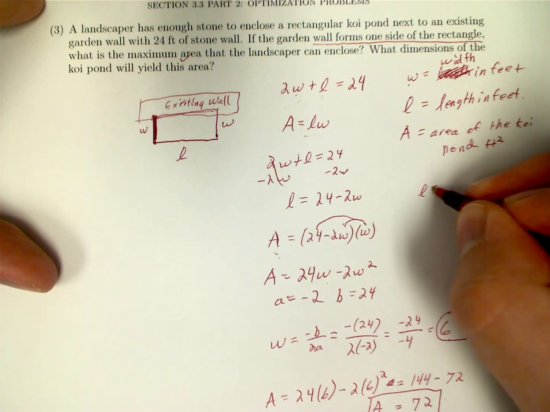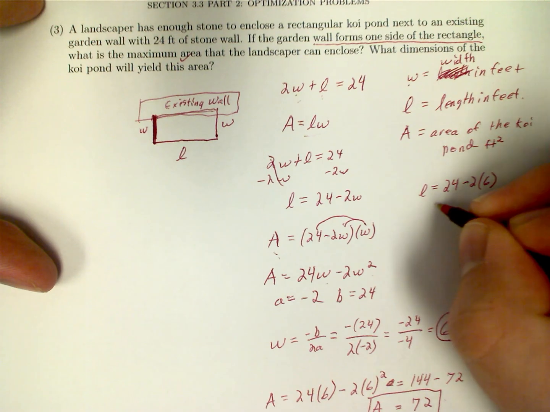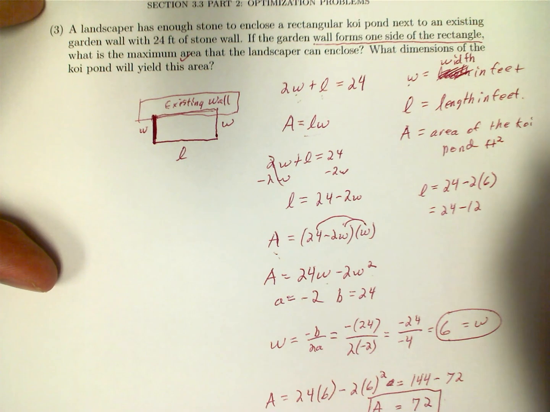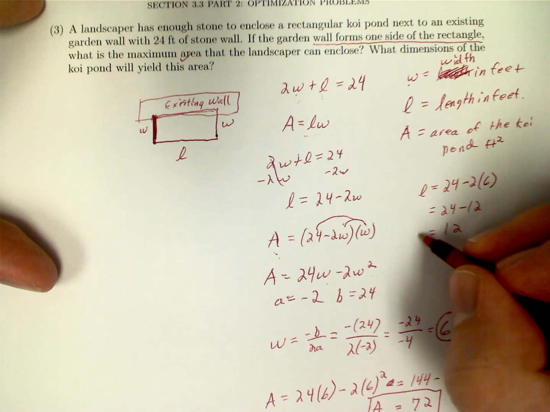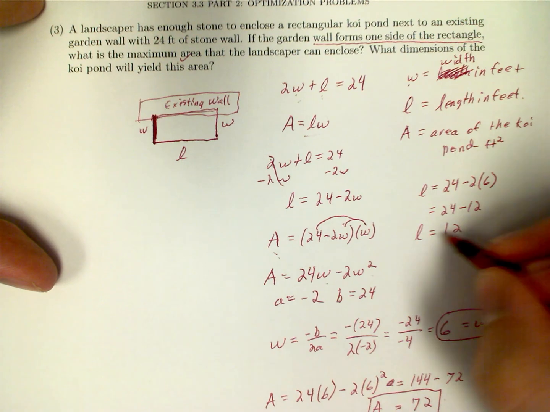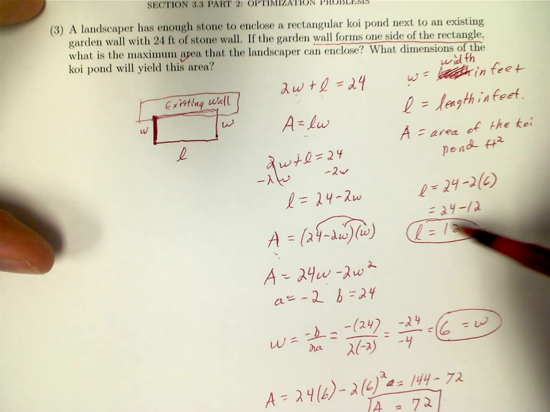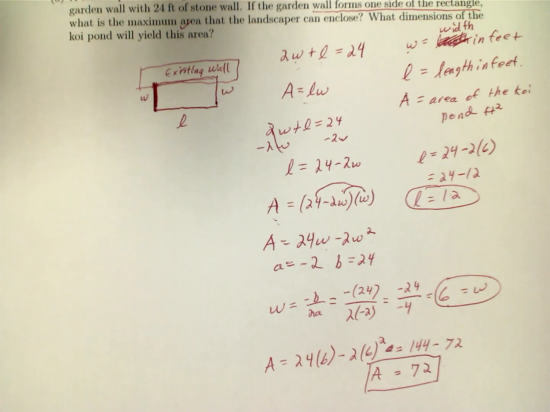So length is 24 minus 2 times 6. Negative 2 times 6 is negative 12, and 24 minus 12 is 12. So the length is 12 feet. The length and width are the dimensions of the pond, and the area is found, so we are done with this problem. That concludes this lecture.